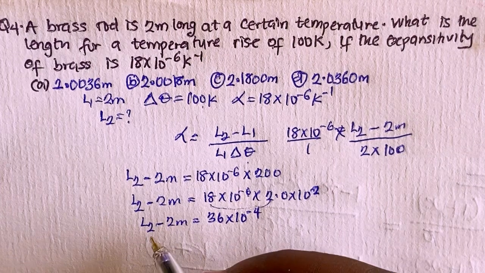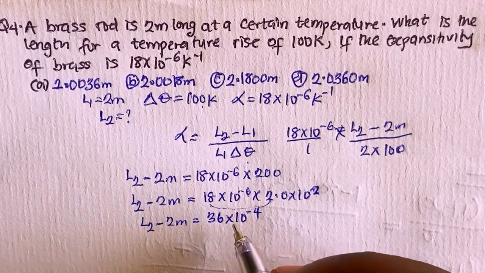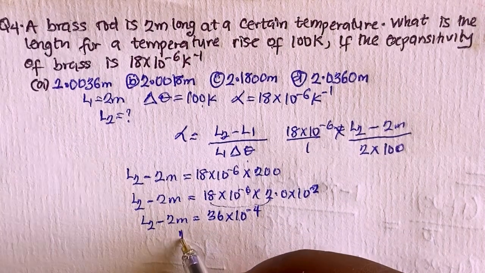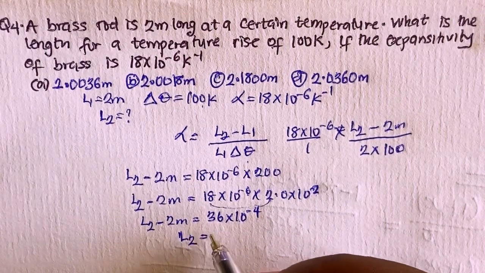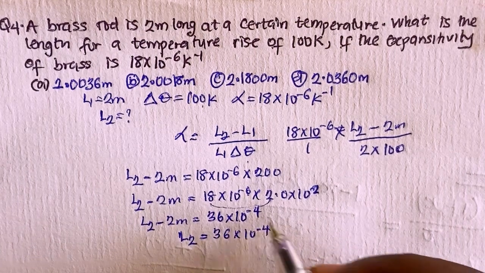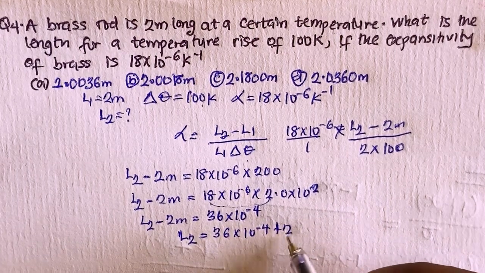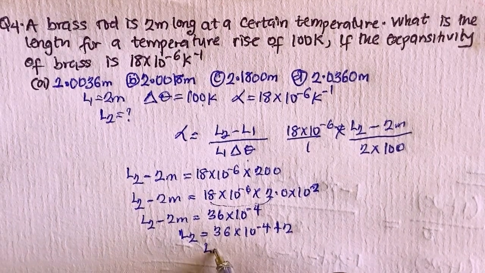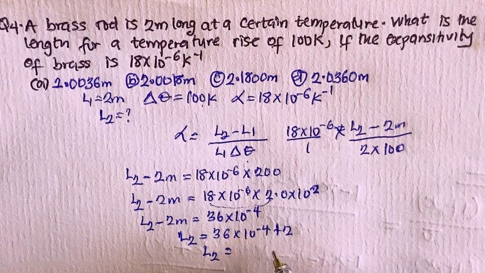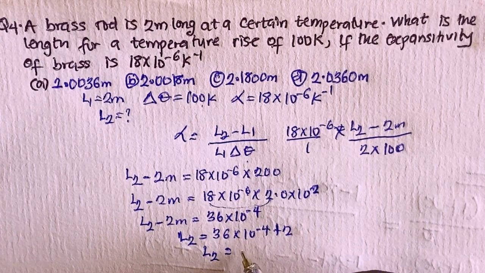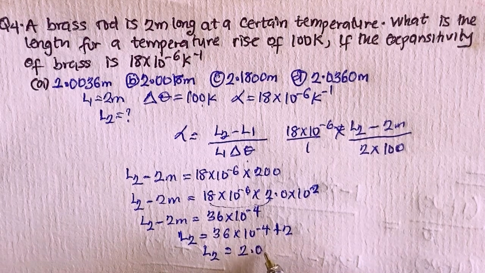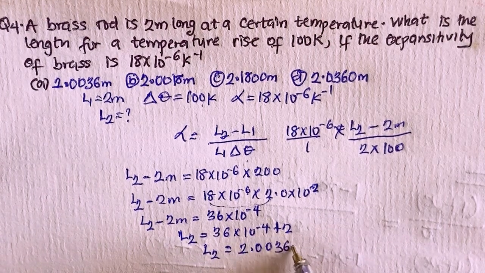So the next thing is that I'm going to bring this to this side, so L2 will be equal to 36 times 10 raised to the power minus 4, plus 2. That's going to give us 2.0036 meter, right?